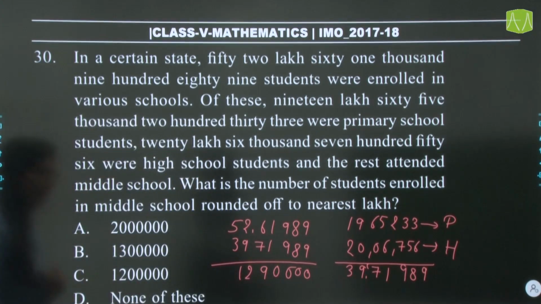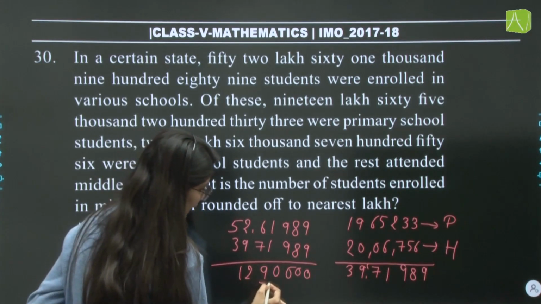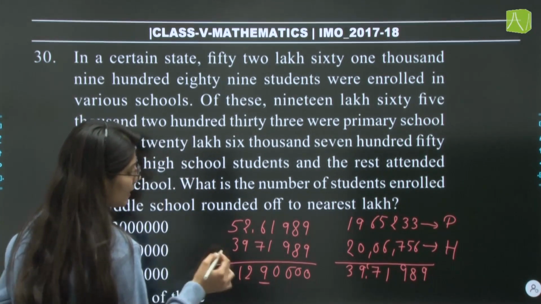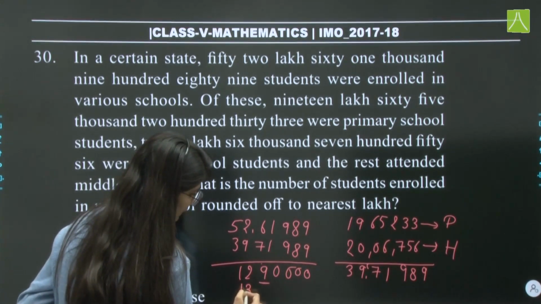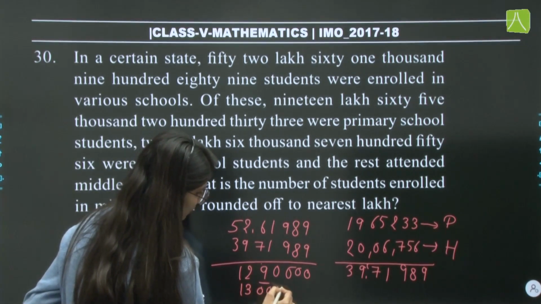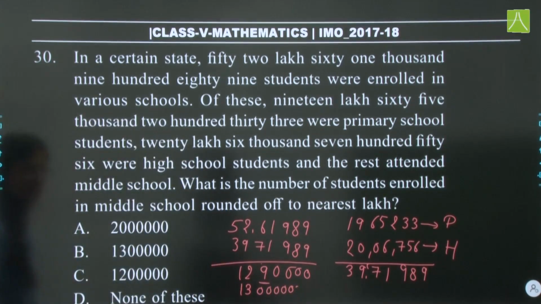So it's 12,90,000, and now you have to estimate it, you have to round it off to the nearest lakh. So for the nearest lakh, you have to check the digit at the 10,000 place. So it is 9, you have to increase the lakh digit by 1, so it will be 13 and the rest will be 0, 0, 0. So the answer will be 13 lakh, which is option B.